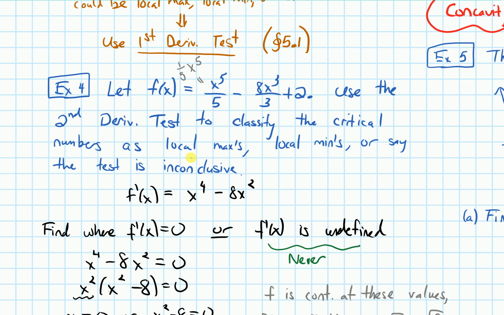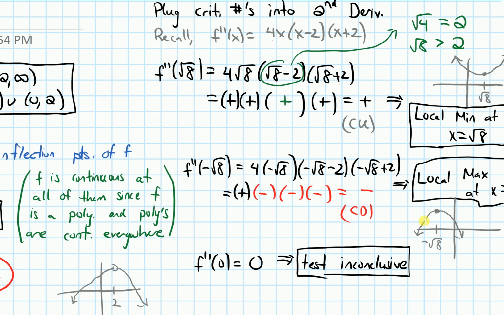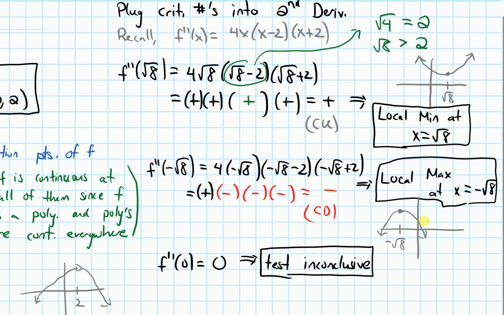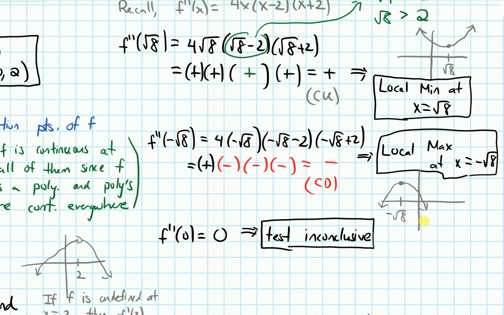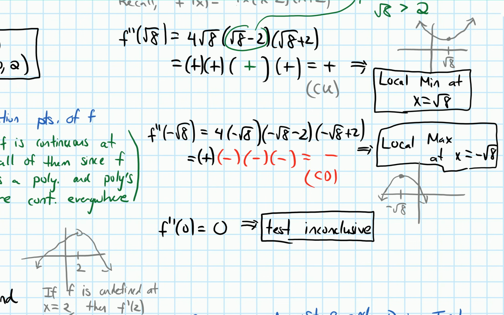If instead the question had said, just classify the, if it didn't say specifically, use the second derivative test. If it had said just determine whether the critical numbers are local maxes, local mins, or neither, and I had decided to use the second derivative test to do this, if I run into a situation where the test is inconclusive, we would need to use the first derivative test.